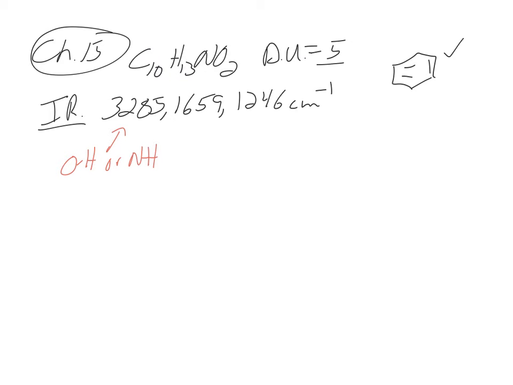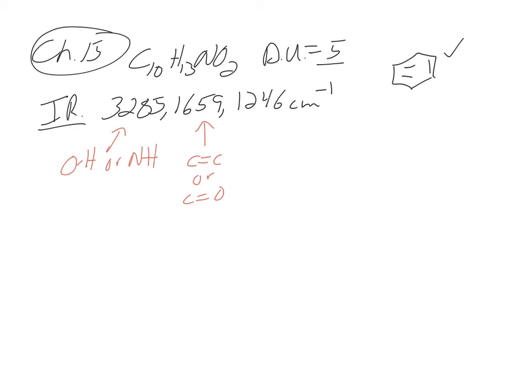What about 1659? What does that make you think about? C double bond C or C double bond N. I haven't seen much of that. I would say C double bond C or C double bond O, right?